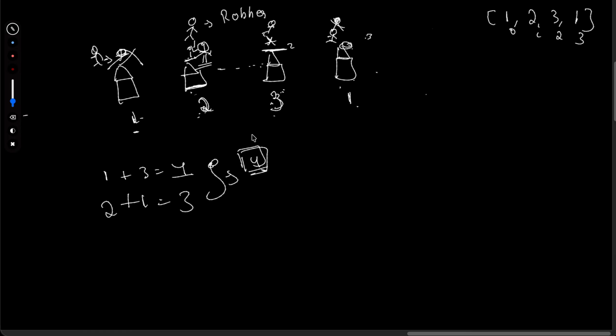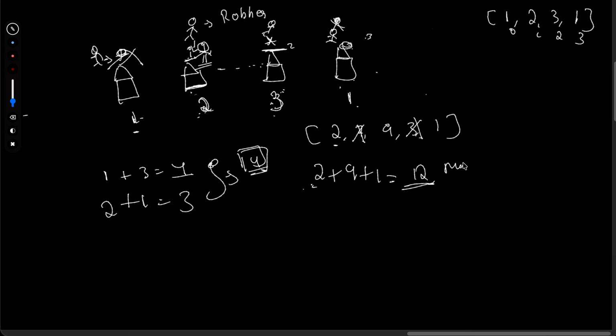If we have an array like 2, 7, 9, 3, 1, if I rob this house, I cannot rob the next, I can rob this one, I cannot rob the next, and I can rob the last. So 2 plus 9 plus 1 is 12. So the maximum answer is 12.